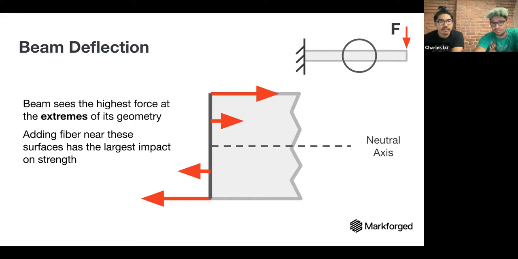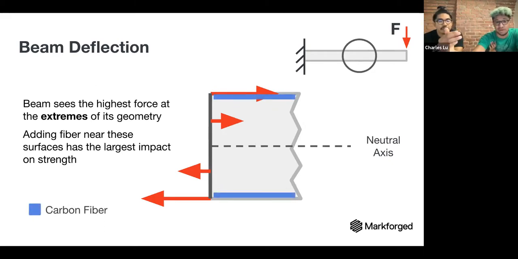With beam deflection, the big thing is sandwich panel theory, which some of you may have heard of, where if you put fiber on the extreme ends, you're able to increase the strength of the part proportional to that gap size. Even with a regular non-fiber-reinforced part, you're seeing similar theory. When you print an Onyx-only part, there's material on the very outer surface.